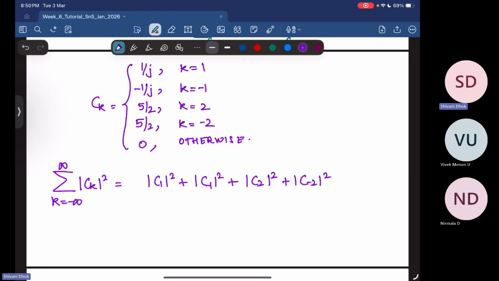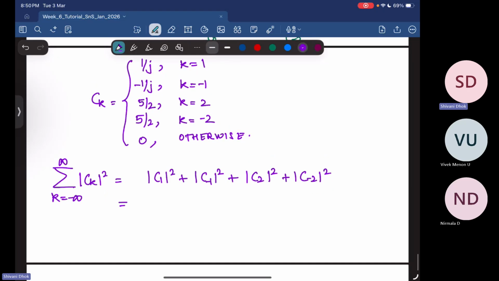What is C1? C1 is 1 by j, square, plus C of minus 1 is minus 1 by j squared, plus C2 is 5 by 2 square, plus C of minus 2 is 5 by 2 whole square.